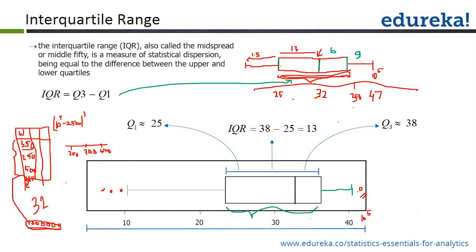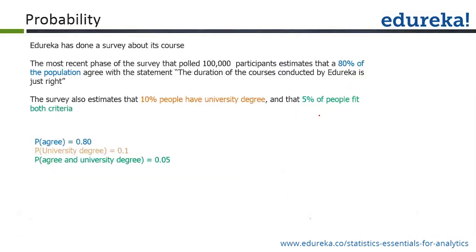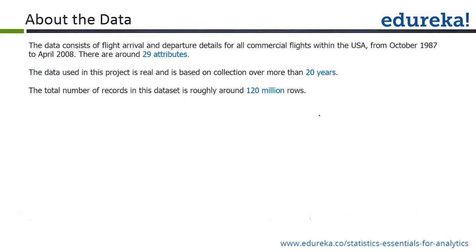In my clock I have got some 30 minutes more. We have enough time for the remaining 2 modules. So instead of going to probability, I'm going to take up the problem related to the project.